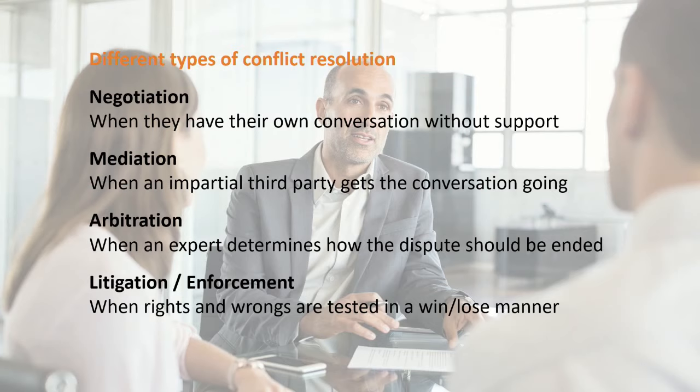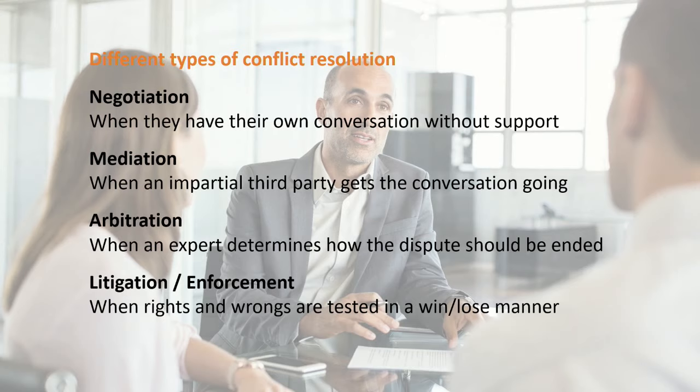And then the last one really is about litigation or enforcement. This is when there's a challenge to the rules, when somebody is alleged to have breached the rules or regulations, and when it's about rights and wrongs, we're testing whether somebody has in fact plagiarised or copied or cheated, when we're testing whether somebody is in flagrant breach of the regulations about their student accommodation or something to do with attendance, and we're actually testing whether the rules have been broken.